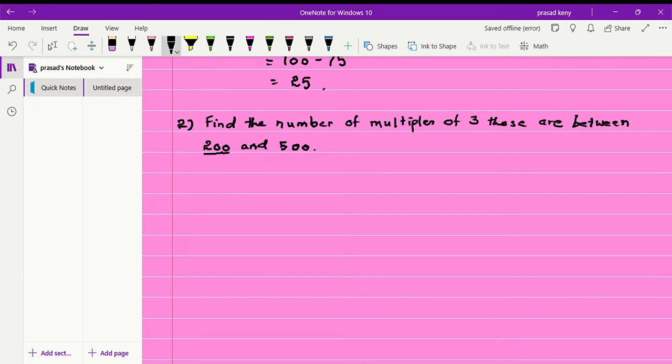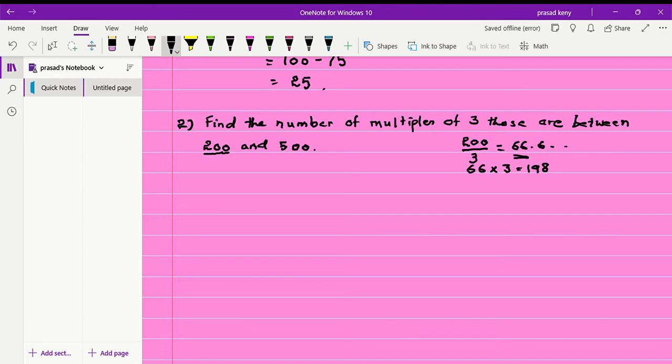So the easier way is just on your calculator divide 200 by 3, which is 66.6. Now take the integer part 66, which will mean that 66th multiple, 66 into 3, which is 198, and it is less than 200.